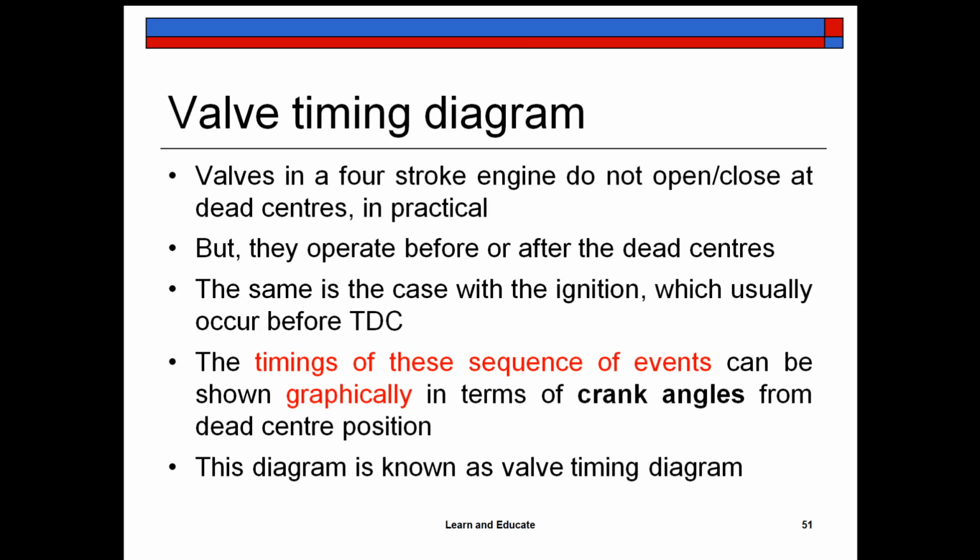You know what is a crank, right? Crank angle means the revolution of the crankshaft. For a 4-stroke engine, in order to complete all the 4 strokes, the crank should make 720 degrees of rotation. So we can use those crank angles to pictorially represent the opening and closing of the 2 valves as well as the start and end of ignition from the respective dead centers.